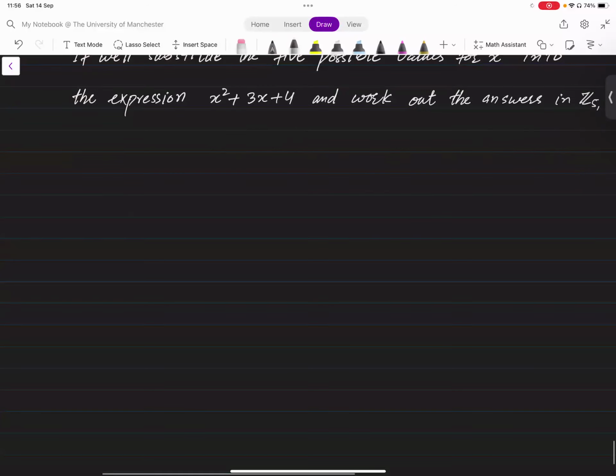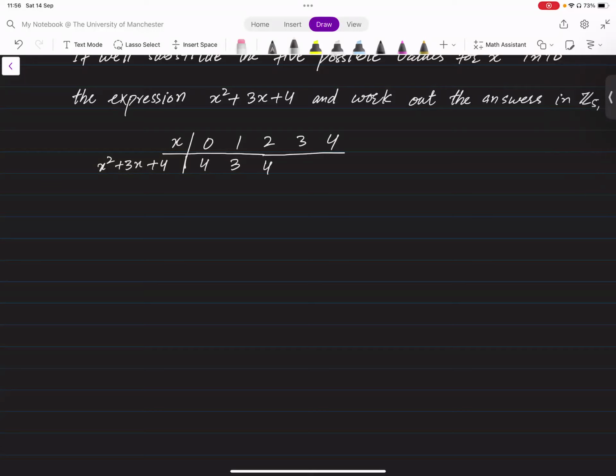we will get x equals 0, 1, 2, 3, 4. So let's say the equation is x squared plus 3x plus 4. If we put x 0, we will get 4. If we put x 1, we will get 3. If we put x 2, we will get 4. If we put x 3, we will get 2. If we put x 4, we will get 2 again. So that means the answer is no. There is no solution in Z5.